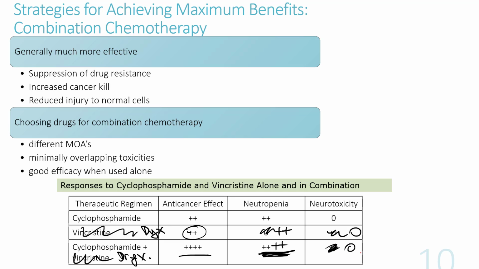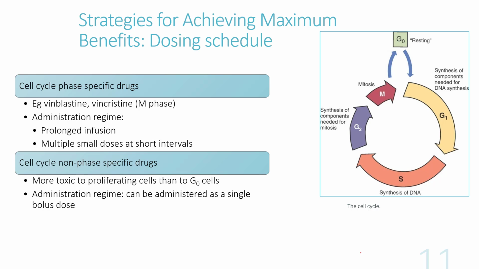And it'll have no effect on the nerves, right? So you want to spread out their toxicity, and you want them to be effective via different mechanisms and be effective when used alone.